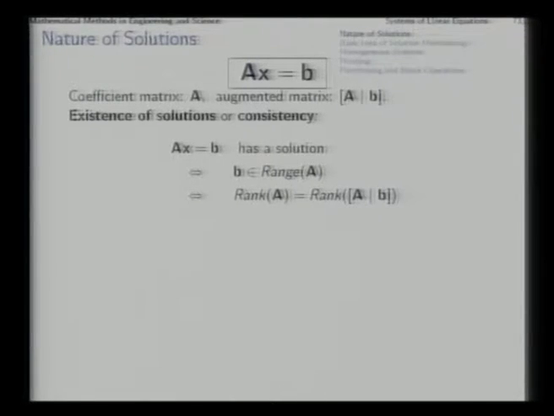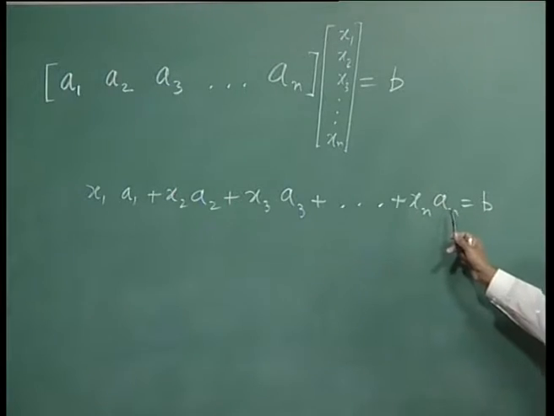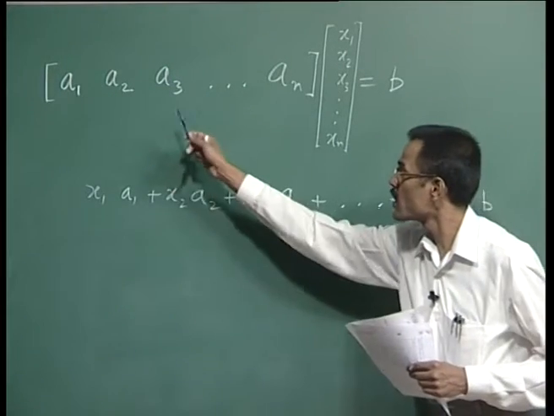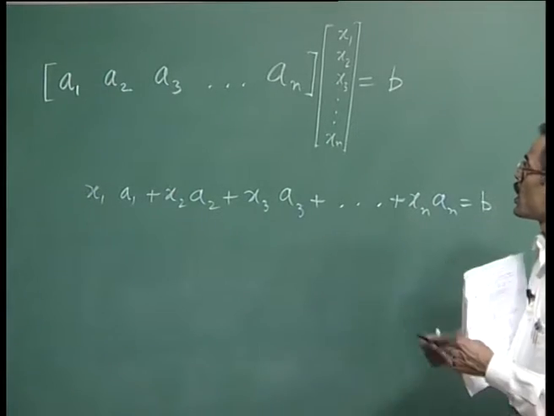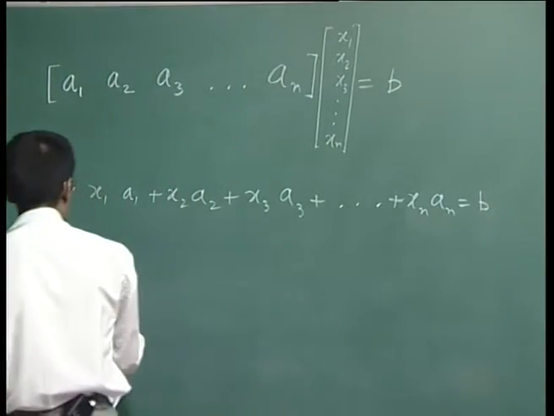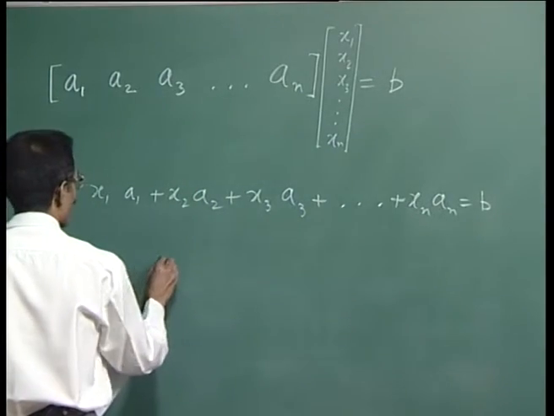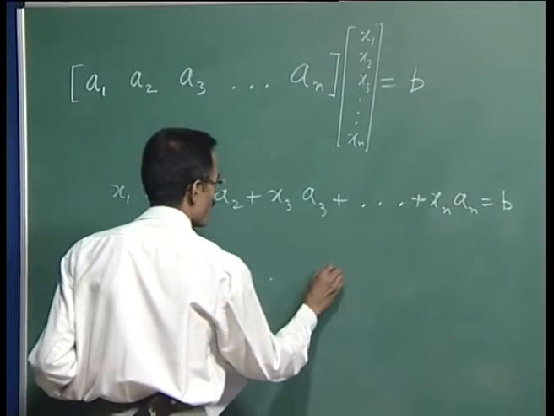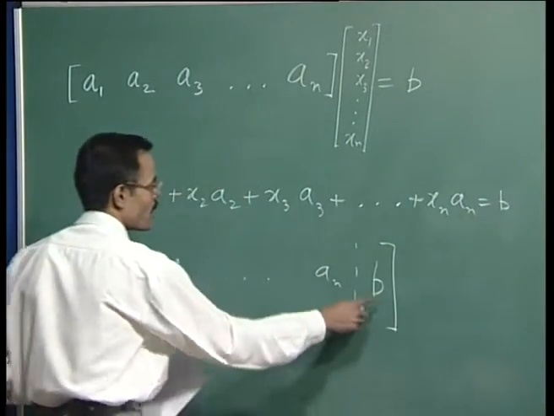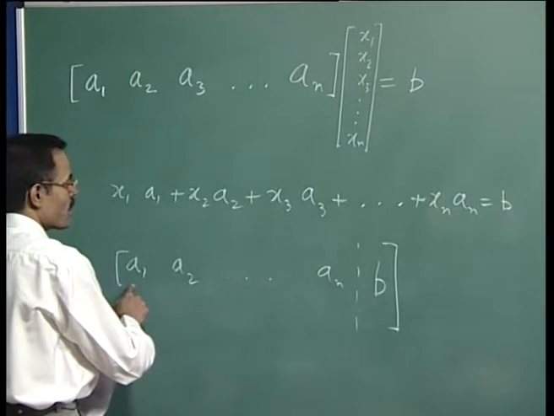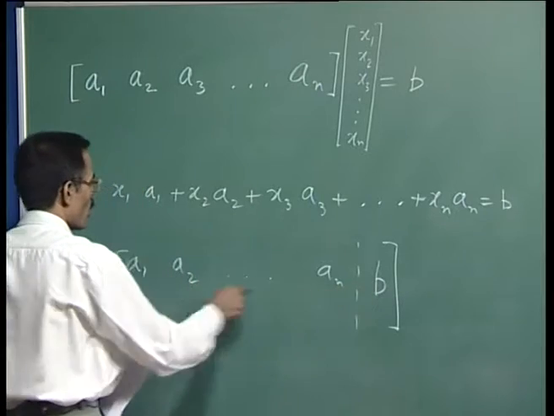This is also equivalent to saying that since, as a linear combination of these columns A1, A2, A3, A4 and so on, we can find b, when we augment these columns with one more column, this is a linear combination of all these, and that means it is linearly dependent on these.